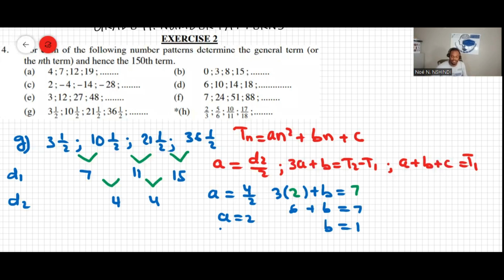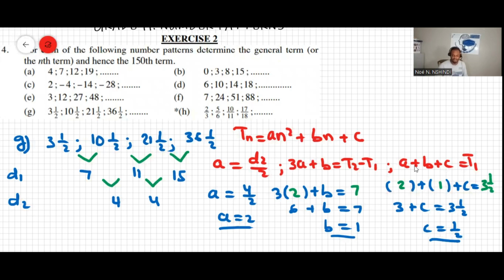Then we can substitute the values into a plus b plus c equal to t1. a is 2, b is 1, and t1, the first term, is 3.5. Now this makes 3 plus c equal to 3.5. If we minus 3 on both sides, we have c equal to a half. So we have a, b, and c.